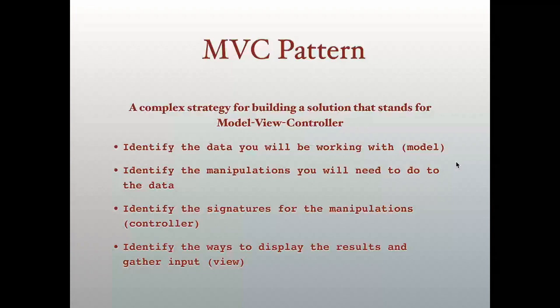The reason you want to do that and not vice versa is that if you start with the data and then move to the manipulations, that whole time you're not creating a view. You're not tying it to any kind of interface. You're doing it all within a vacuum, so there may even be no interface, or a command line interface versus a graphical interface.